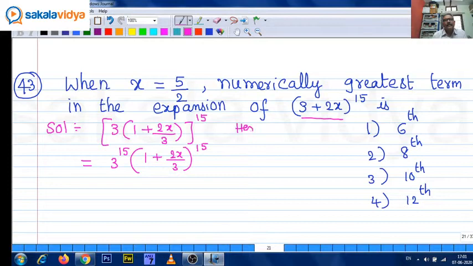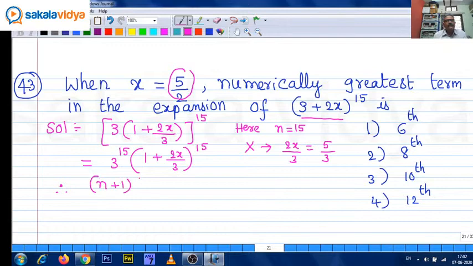Here the very important thing is the n value. n value is 15 and x value is 2x by 3. But when x is equal to 5 by 2, 2x by 3 equals 5 by 3. So let us find out (n plus 1) into mod x upon (mod x plus 1).